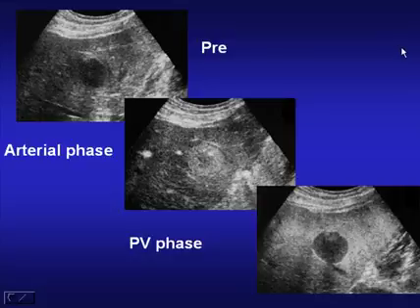According to the criteria of the European Association for the Study of the Liver, visualization of this classic pattern is sufficient to diagnose a hepatocellular carcinoma without the need for biopsy.